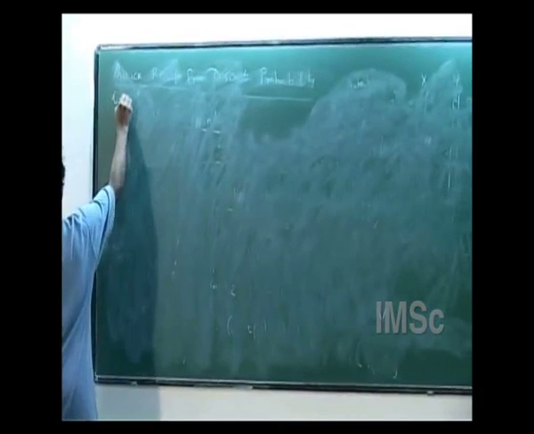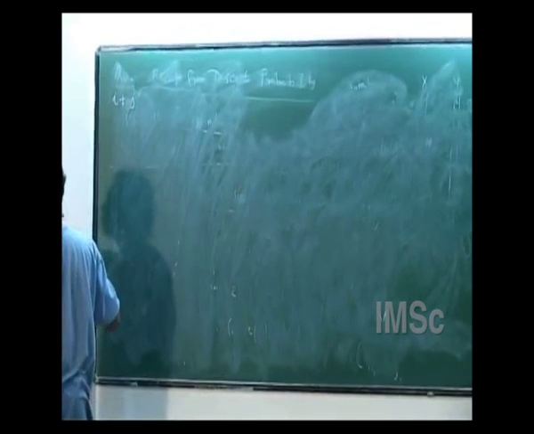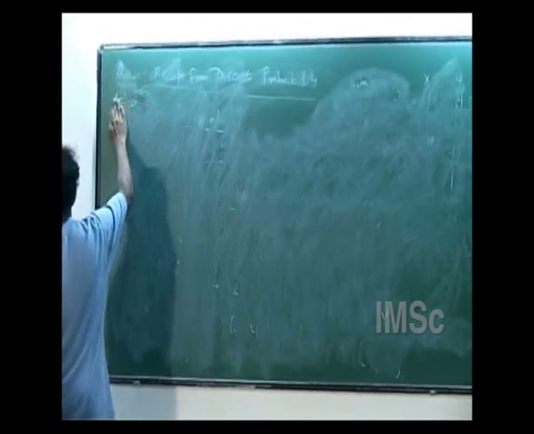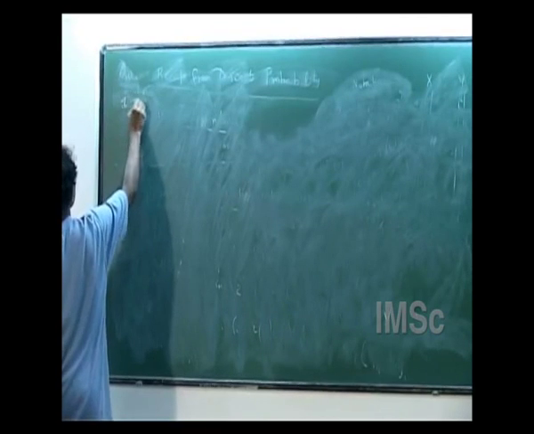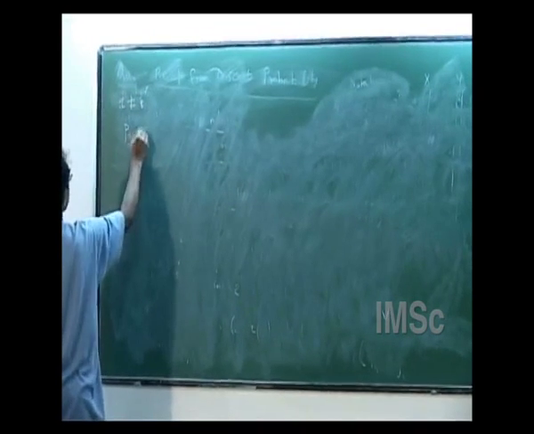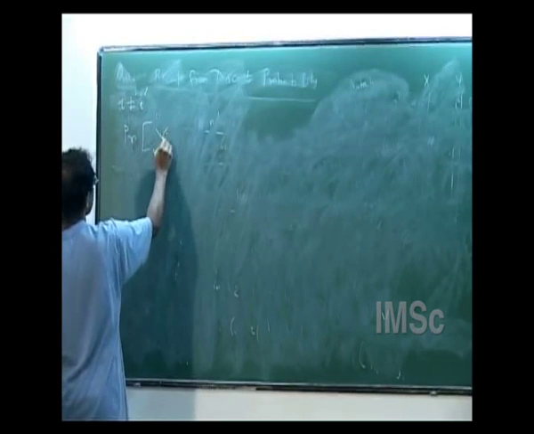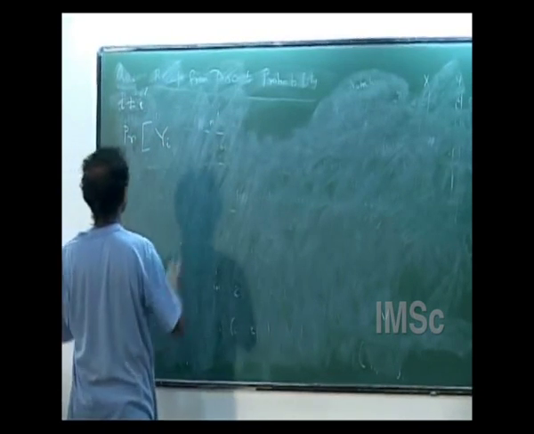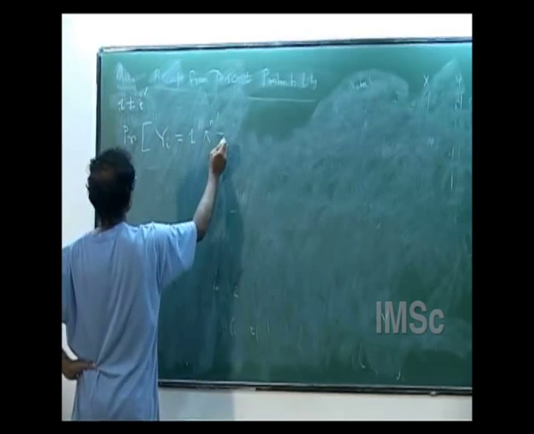Now why are they pairwise independent? Let's take i not equal to i prime, and you have to estimate this probability. Let me just specify one choice, and it will be clear that it is true for the other ones also.